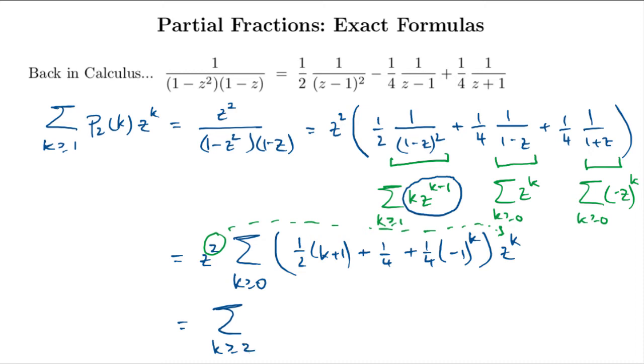My k starts at 2. And so the terms of my generating function now look like 1/2 to the k minus 1. Nothing changes with a quarter. And then I get a quarter times minus 1 to the k minus 2. But that's the same thing as a minus 1 to the k.